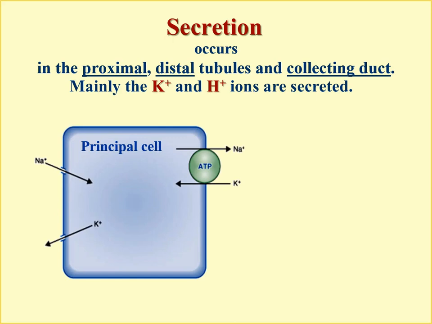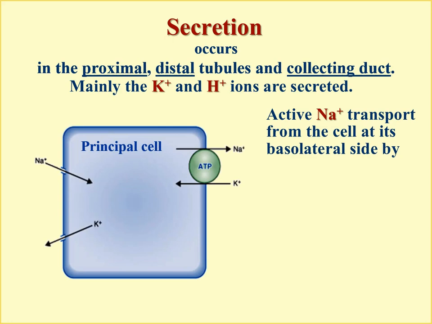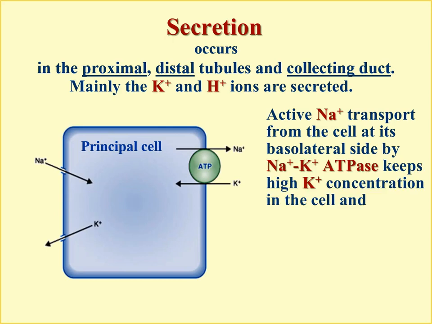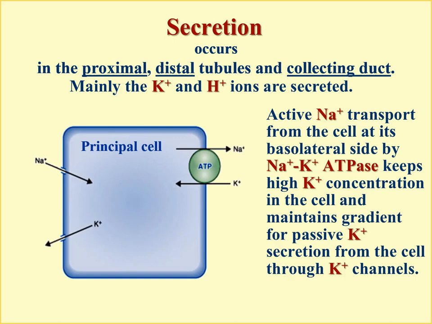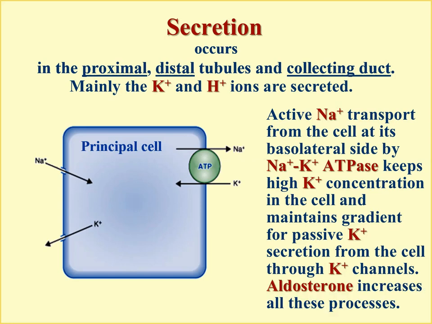Again, how it occurs, we can recall from already considered processes in the principal cells, for example. Active sodium transport occurs by sodium-potassium ATPase in the basolateral membrane of the cells, while potassium is constantly brought into the cell and its concentration is high. Therefore, potassium easily goes out into the lumen through channels, which is also stimulated by aldosterone.